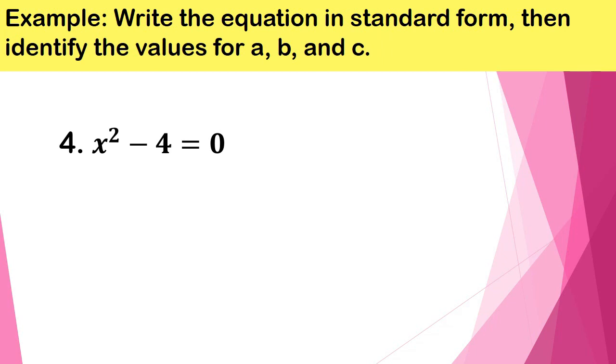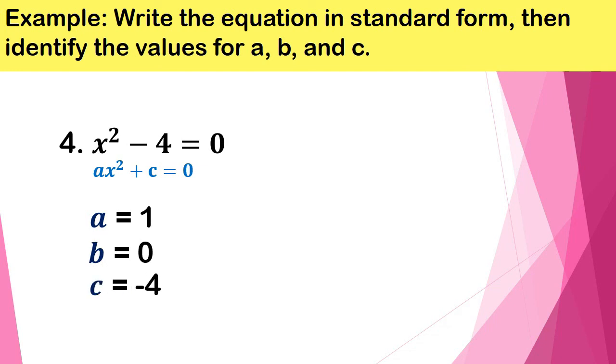So this is in a standard form of ax squared plus c equals 0. Now let's identify the values for a, b, and c. The value for a is 1 since the coefficient of x squared is 1. So that is imaginary. The value for b is 0 and the value for c is negative 4.